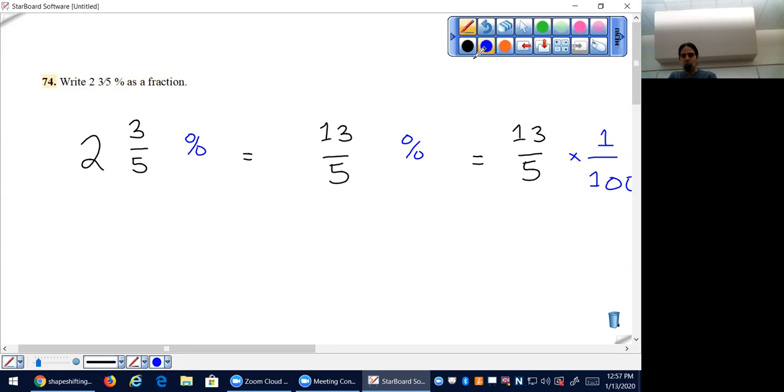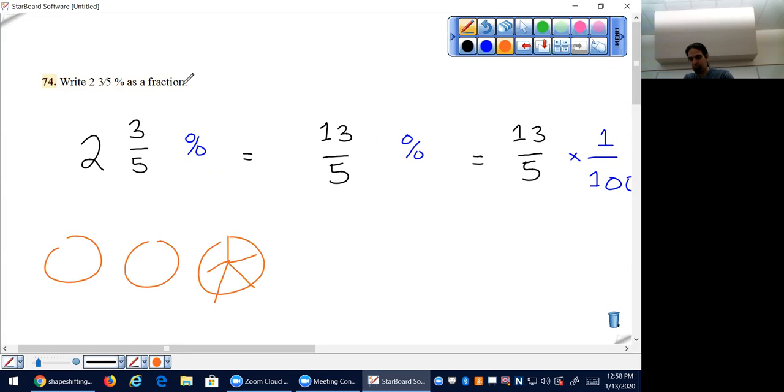So if I have 2 3/5, then I have pies. So I have 3/5 here, and then I have 2 other pies. How many fifths are in these? 5/5. Yeah, they're each 5/5.